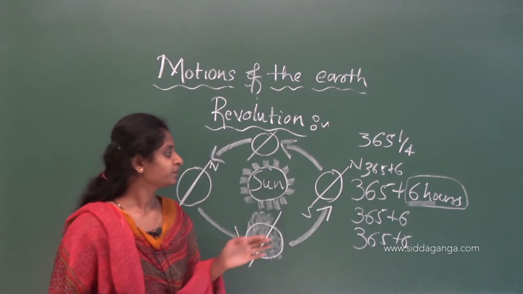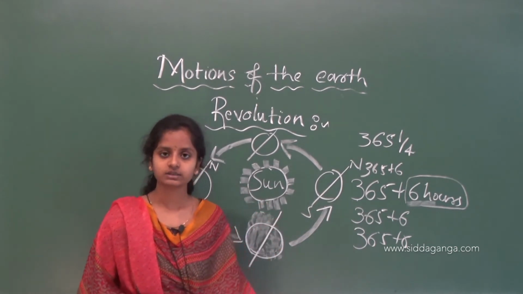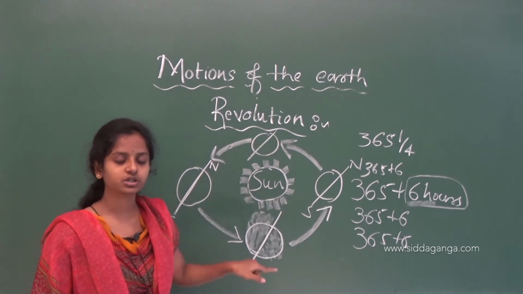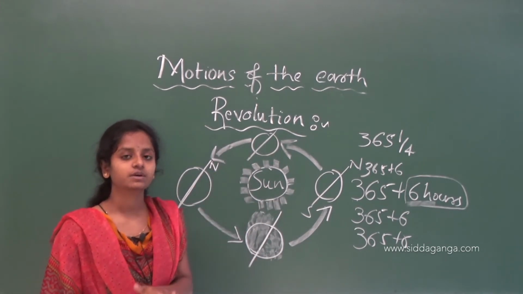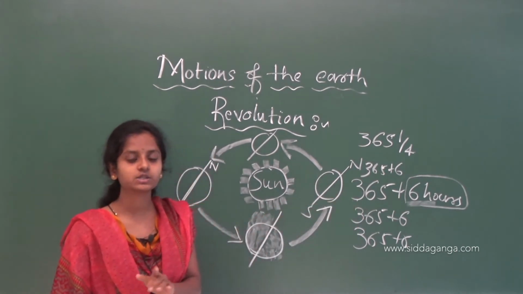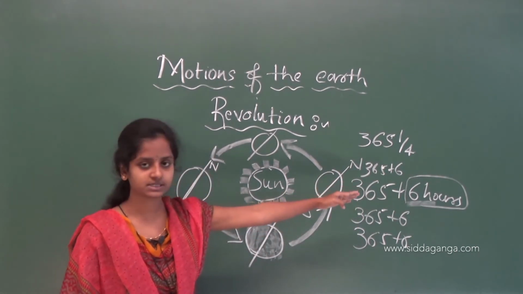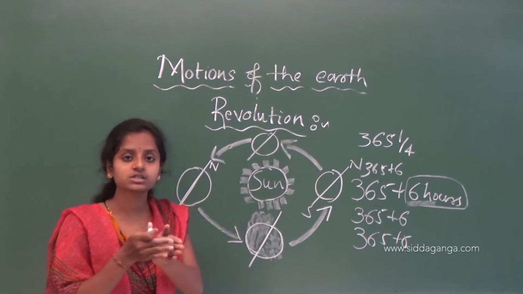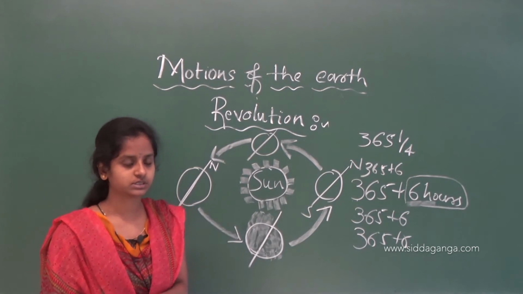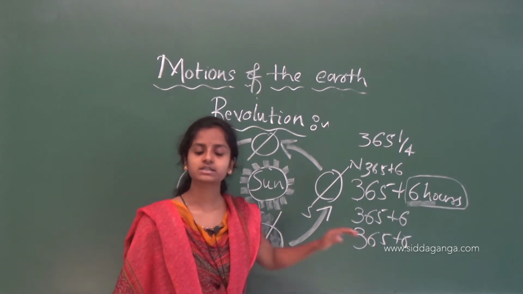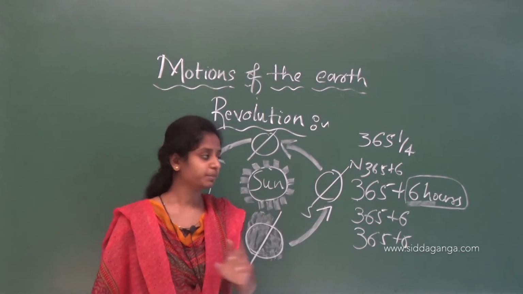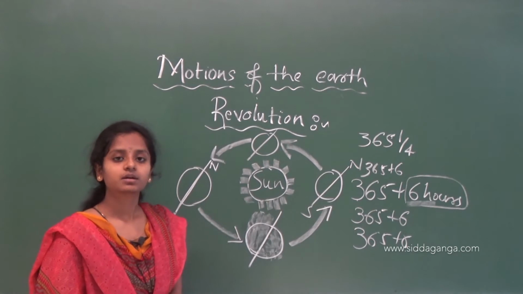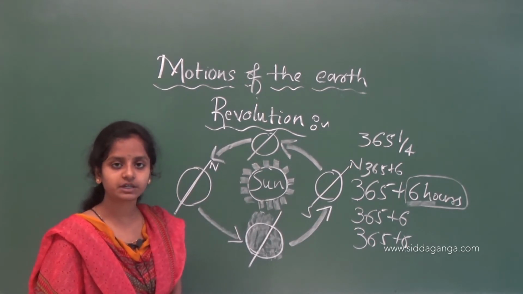Understood? So Earth takes 365 plus 6 hours to complete the one revolution, but for our convenience we take 365 as 1 year and the remaining 6 hours are added over 4 years to make 24 hours. So this extra one day, which is made by adding all these 6 hours, will come in February.